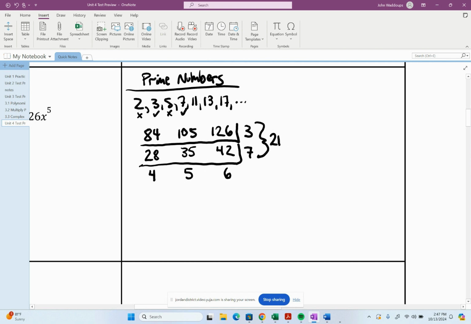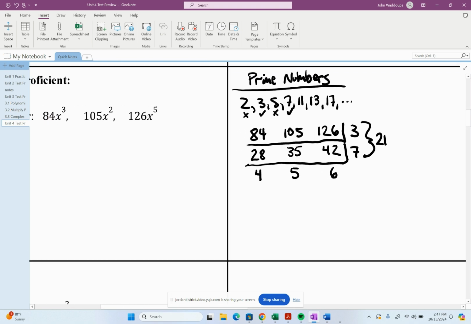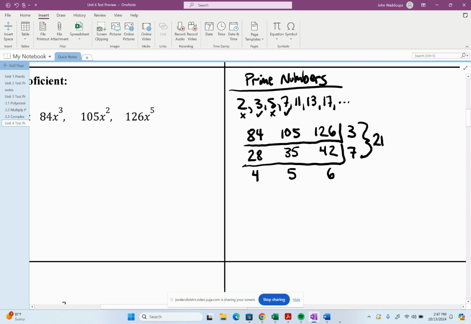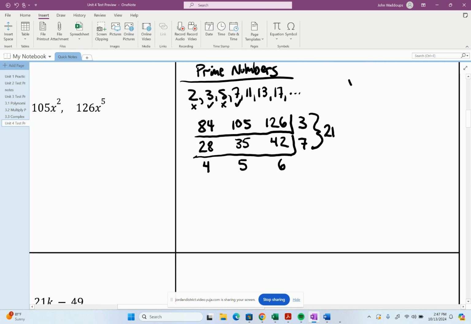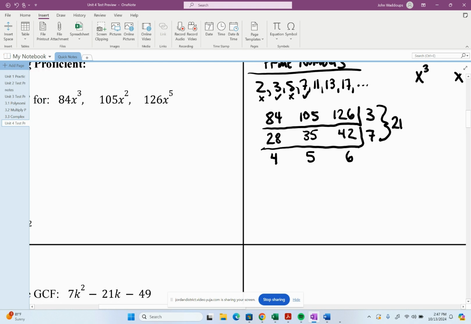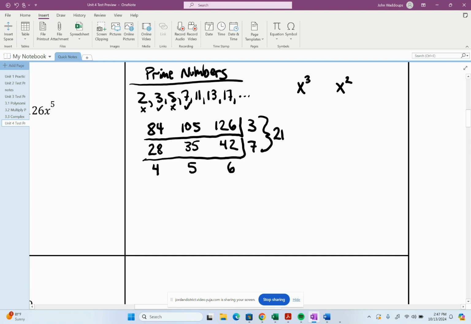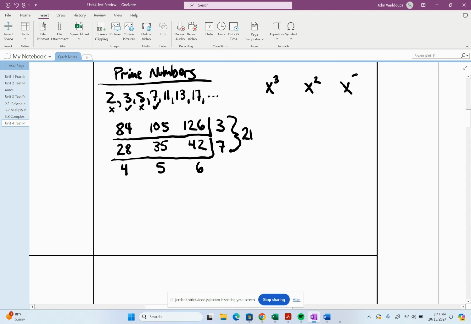Now, in terms of the variables, we're looking at x cubed, x squared, and x to the fifth. You don't always have to do this, but you can see x cubed has 3 x's, x squared has 2 x's, and x to the fifth has 5 x's multiplied together.